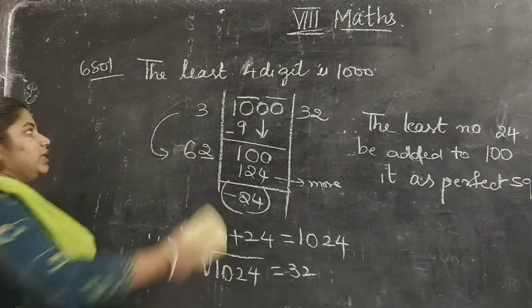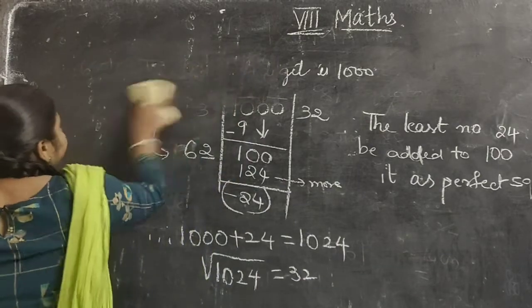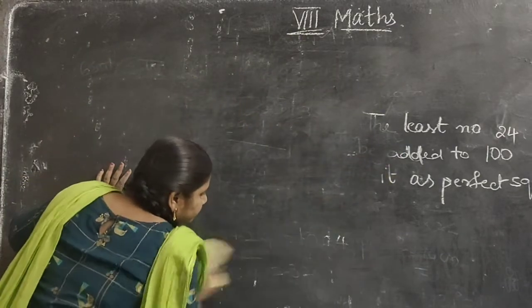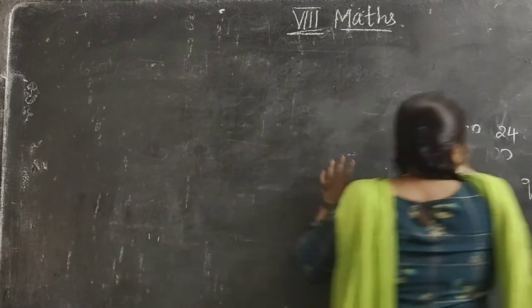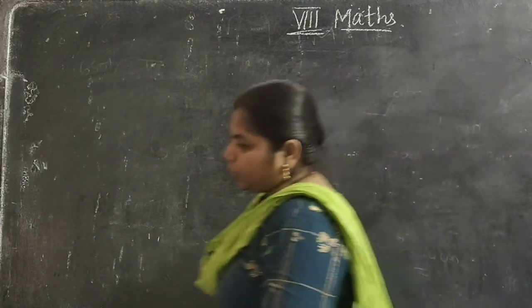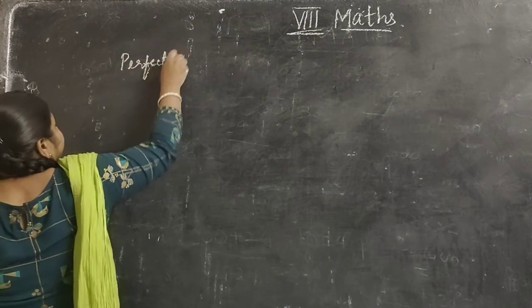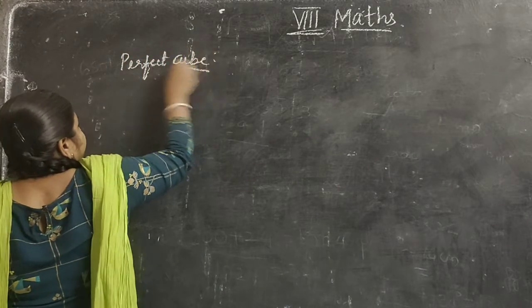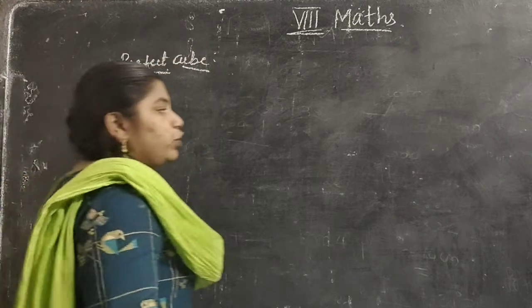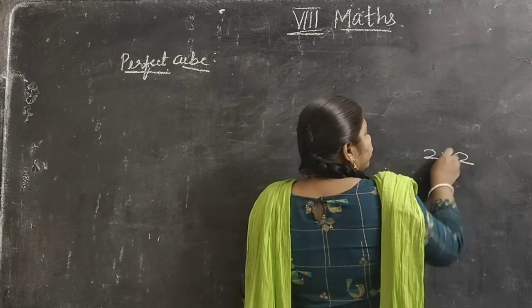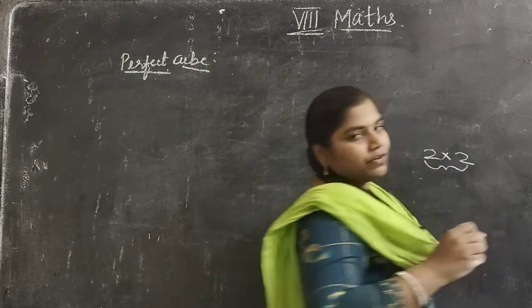So the next topic is cubes, perfect cubes, and cube roots. So what do we mean by perfect cube? Already we know about perfect squares. So now we are learning about perfect cubes. What do we mean by perfect square? Square means the product of two equal factors gives a perfect square value.